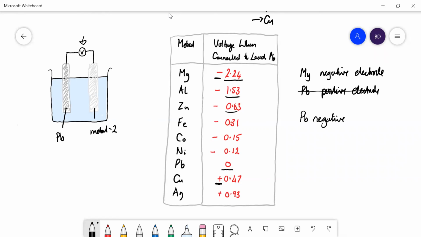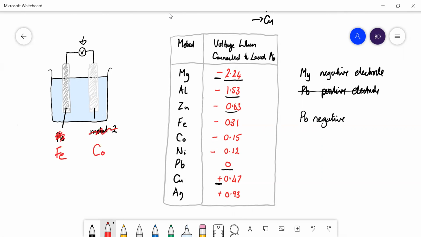So you can use this way of connecting the metals up to compare the reactivities of metals. And here I've compared them to lead, but you could compare them to any other metal that you wanted. So let's see, for example, if we got rid of the lead. I'm going to cross that out, and let's say we've got Fe in there, and cobalt as the second metal.